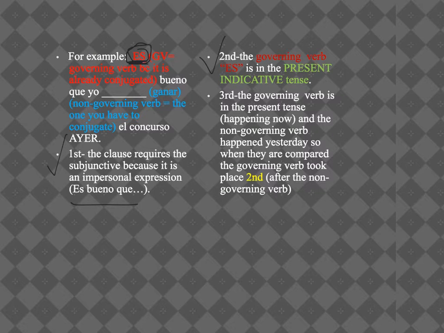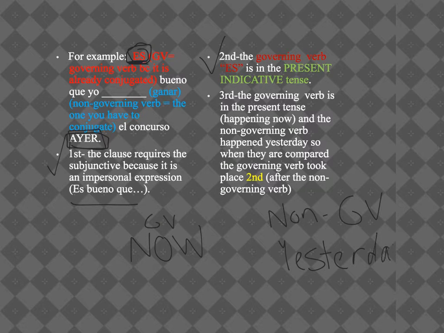And condition number 3, I've got to compare my 2 verbs. When are they happening in relationship to each other? My governing verb, it's good that. So governing verb is happening now. It's good right now. But the non-governing verb, ganar, oh, wait, I have this word yesterday. That means that happened yesterday. So it's good that I won the competition yesterday.